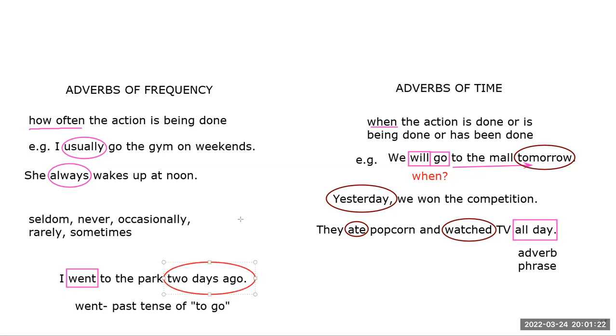And what does that make 2 days ago? What type of adverb? Of time. Beautiful. Adverb of time, because it doesn't say how often, it just tells us when that action happened. Okay, good job.